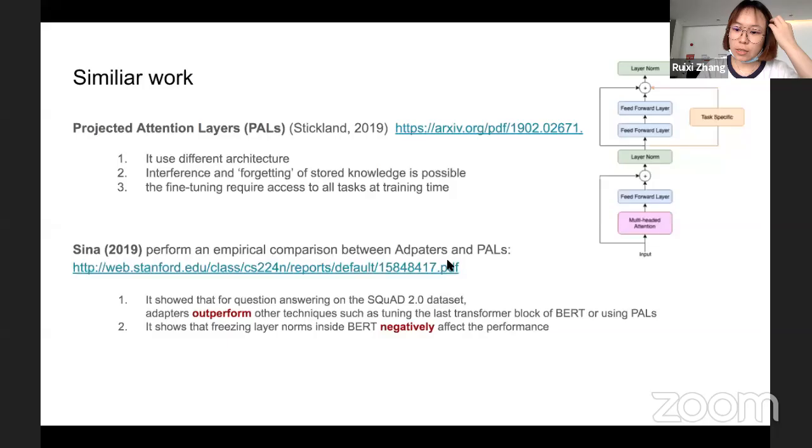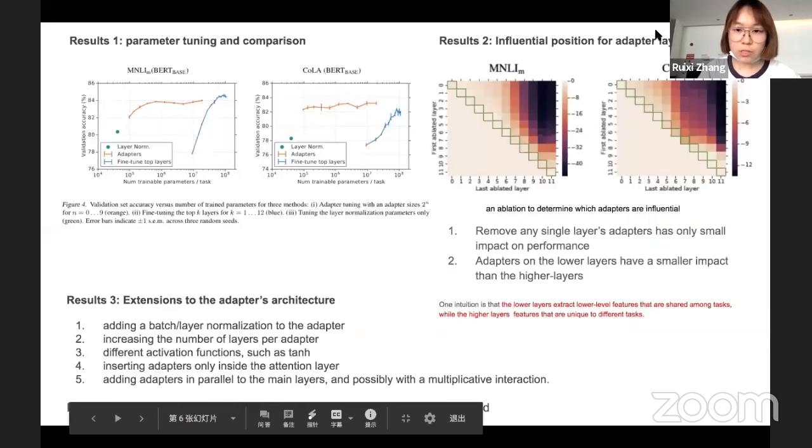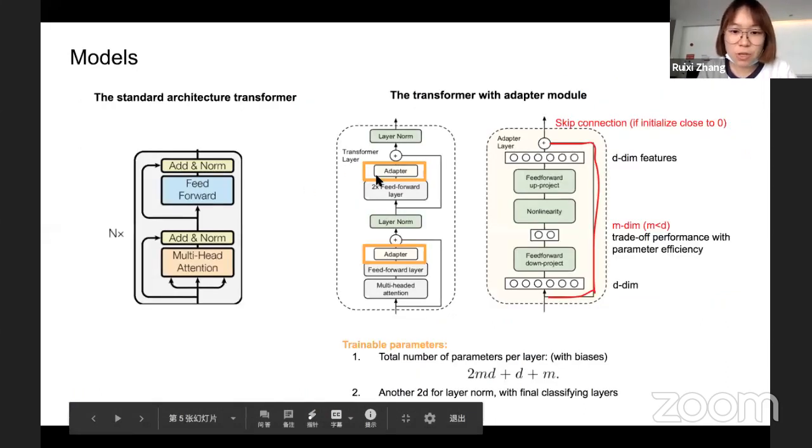And another thing I'm thinking about, I can show you here. So first, let's go back to the structure.